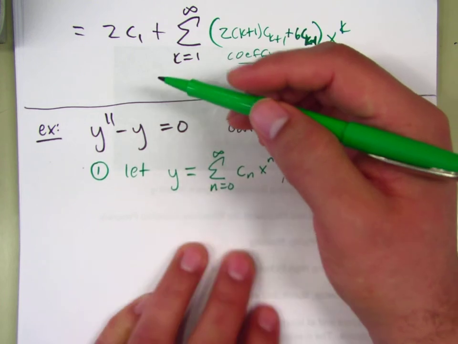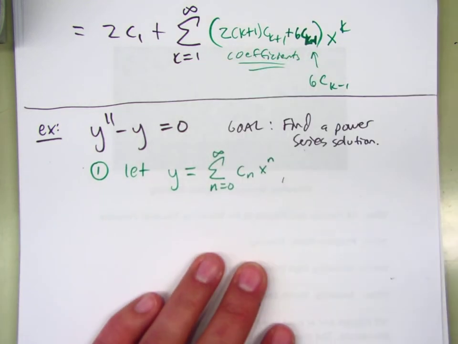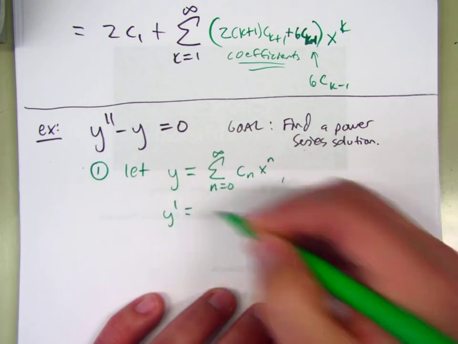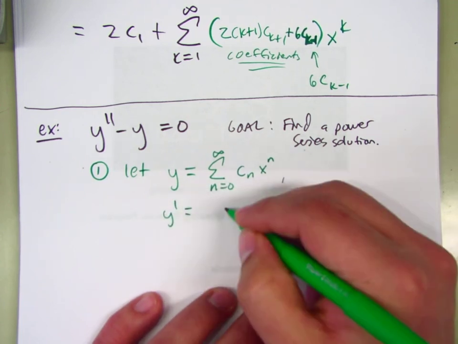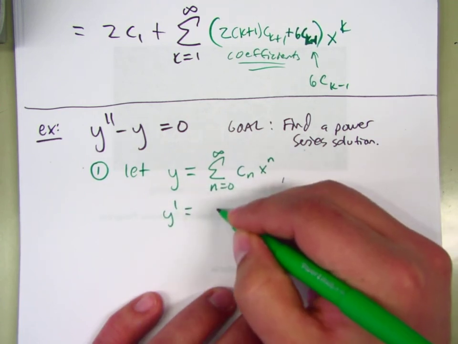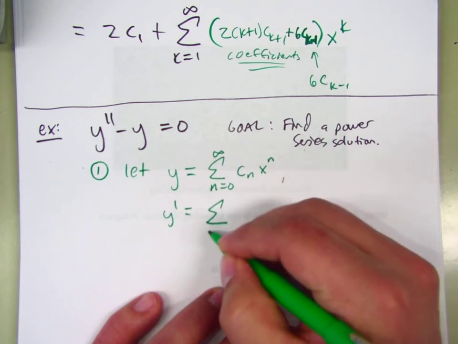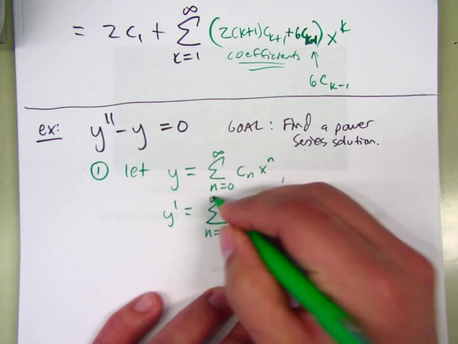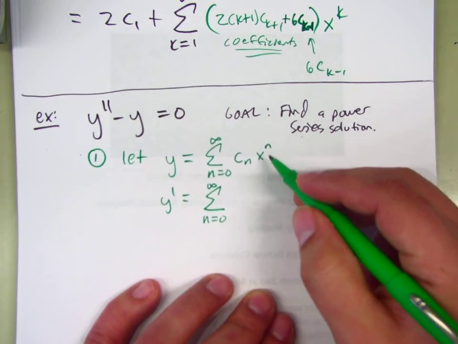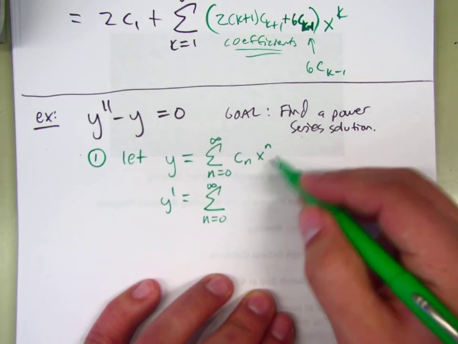Let's take a look at what that looks like, and you're going to see that it's the same thing every time. So y prime is going to be the sum from n equals 0 to infinity. Take the derivative of a power like normal. So what's the derivative of this function going to be?